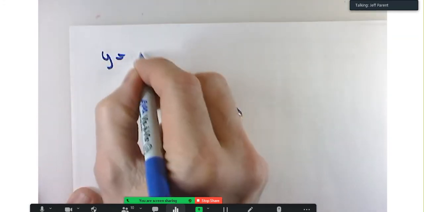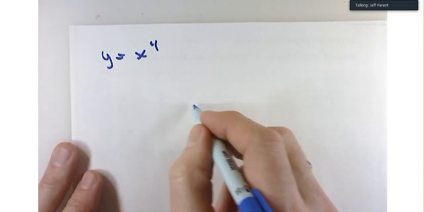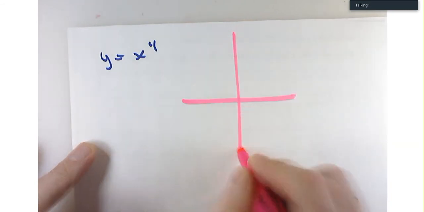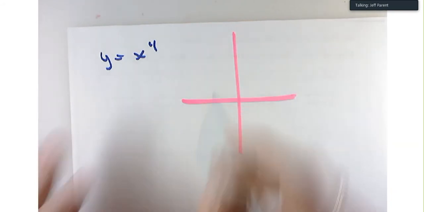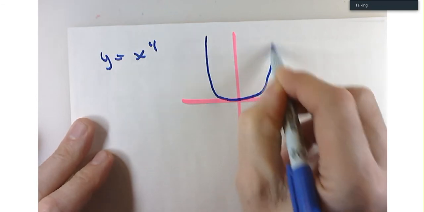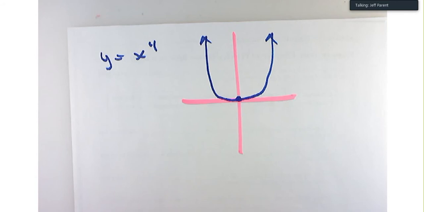So let's look at this. Y equals x to the fourth. That's roughly going to look like a parabola. So let's see. Draw it like this. So this one's going to face up. It's going to have kind of a squat looking intersection with the x-axis down here, but okay.